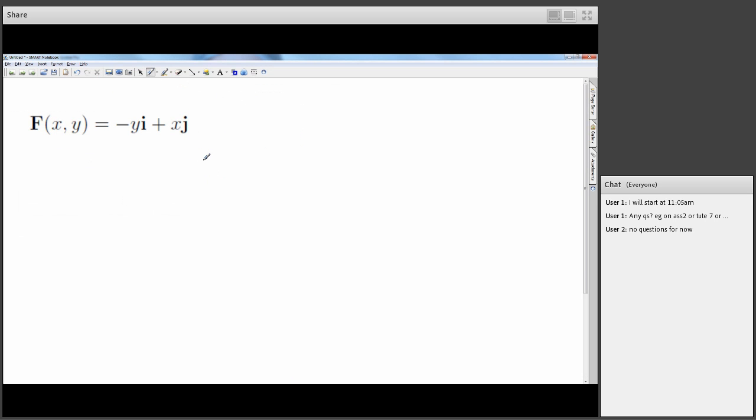Okay. So again, like before, we'll put our axes down, X and Y axis, and put some key points down.